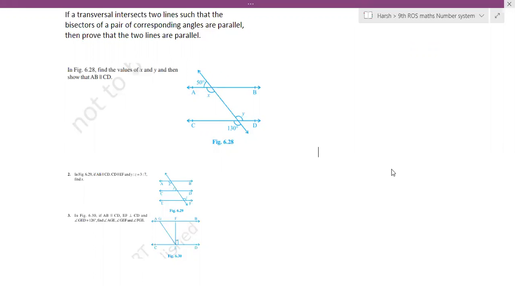First one, how many of you have done? Please raise your hand. Others, please finish the first one.